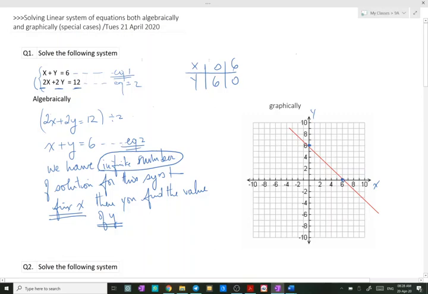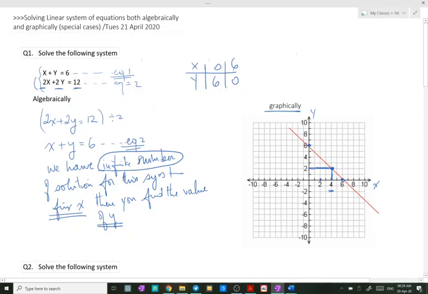So what do we mean by graphic interpretation? It means that these two equations form the same line, so the two lines are coinciding. This is why we have an infinite number of solutions, because for any value for x, we get a value for y.